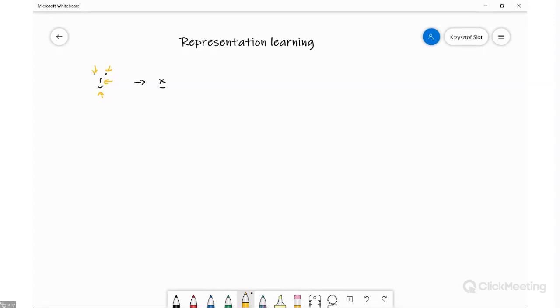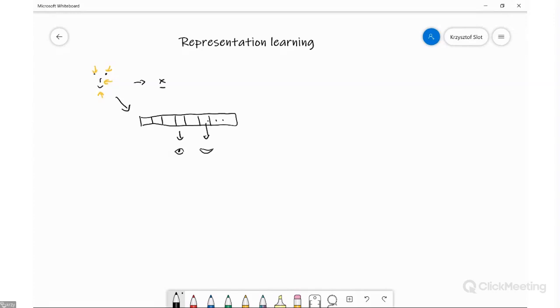So when I will be transforming this raw image into a vector of features or of properties, I would like this vector to contain some information on the presence of these characteristic points, like this eye-like structure is represented here, or maybe somewhere there will be represented a mouth-like structure, and more.